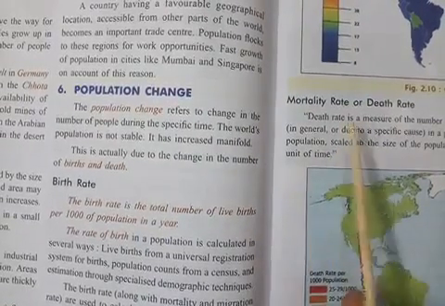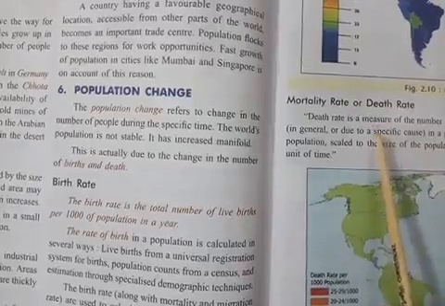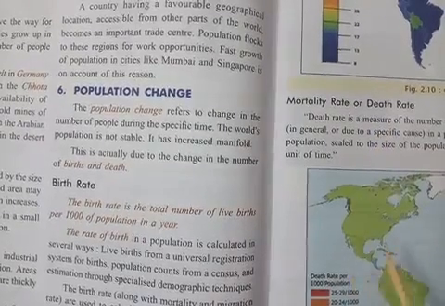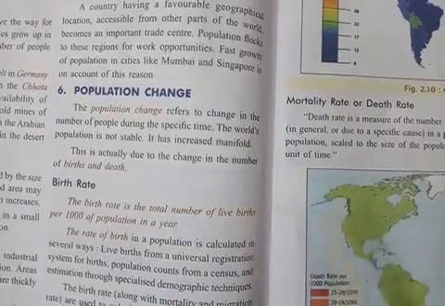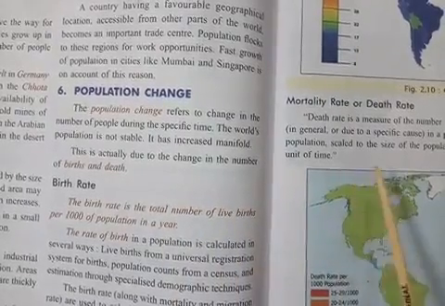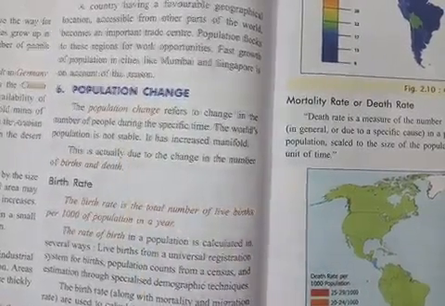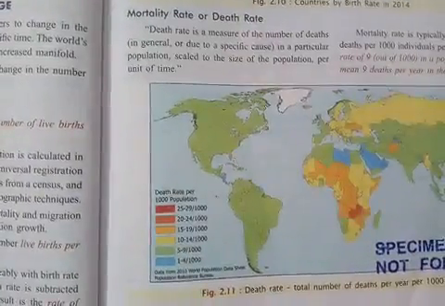It means the population is constant. So these are the three conditions which affect population change.